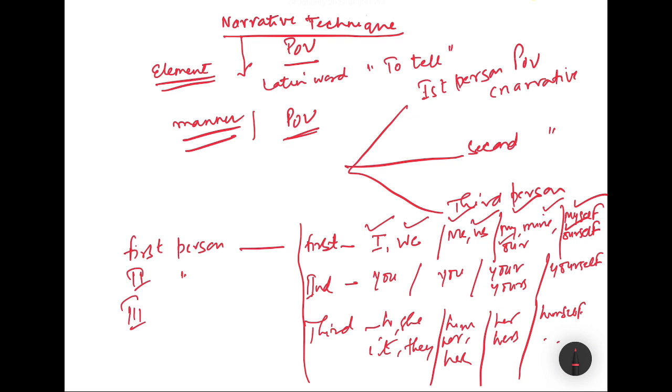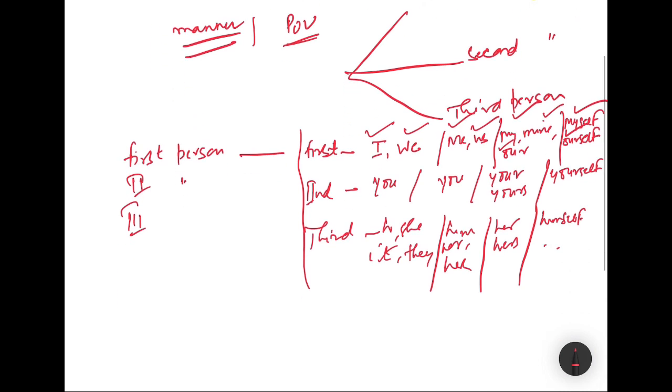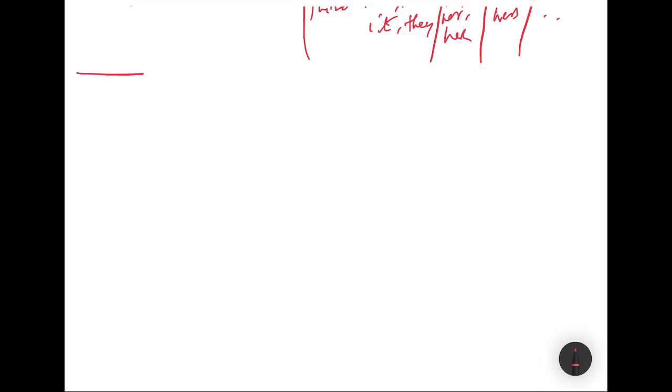I have just told you that basically we are having three types of point of view. But I'll tell you that, not three, but there are four types of point of view, because the third is divided into two parts.